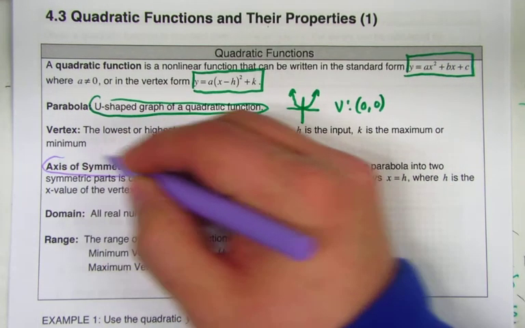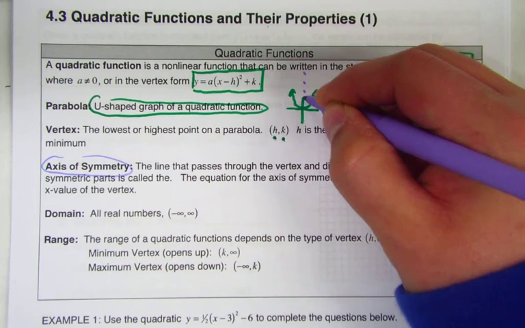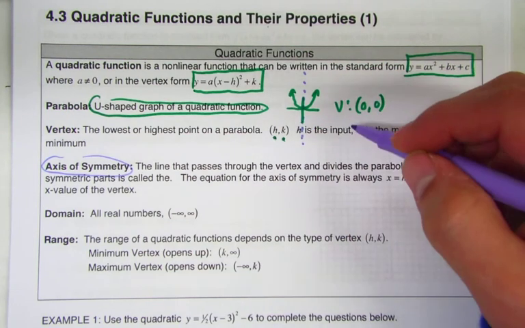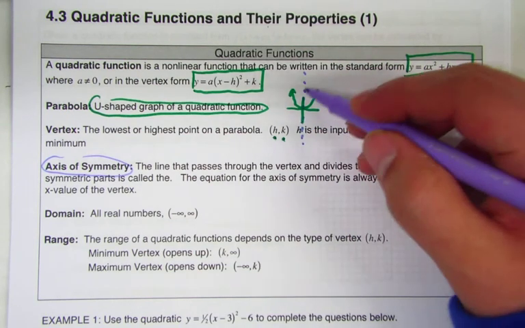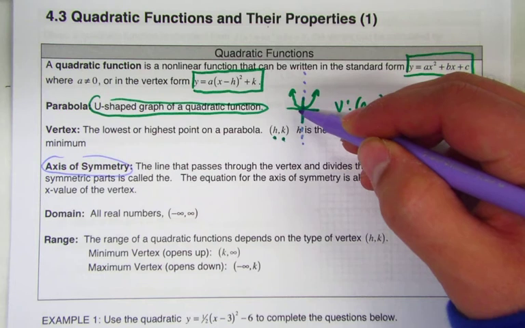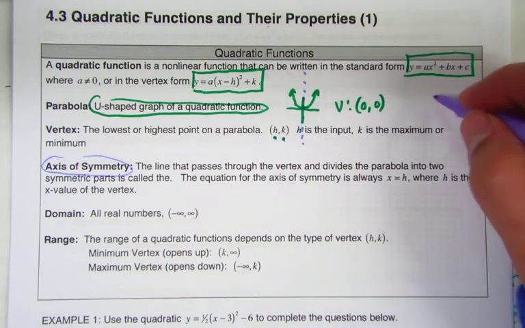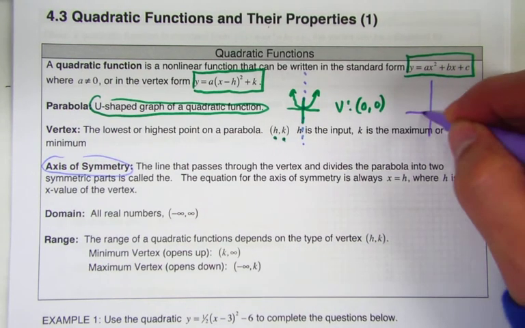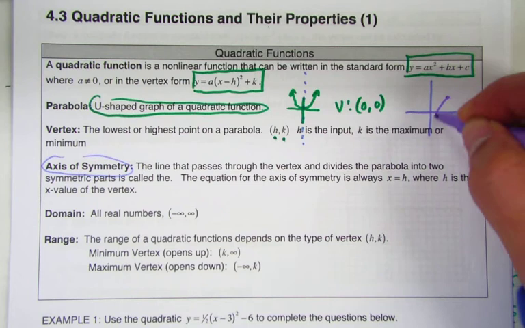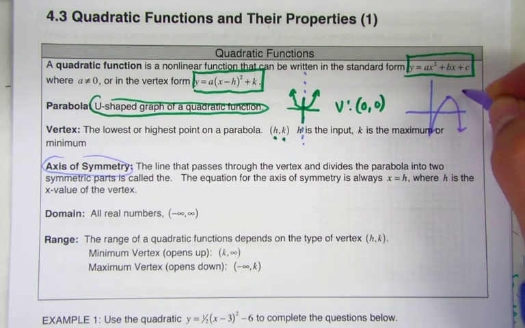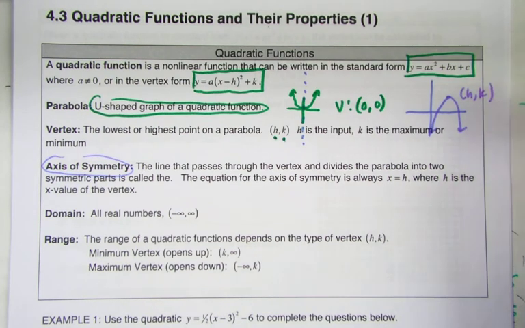Now, the axis of symmetry is a vertical line that splits the parabola in half, so that on either side you would get the same exact shape. Now, if things are shifted, so let's say I have a parabola that maybe looks like this, and here's my vertex, h, k.